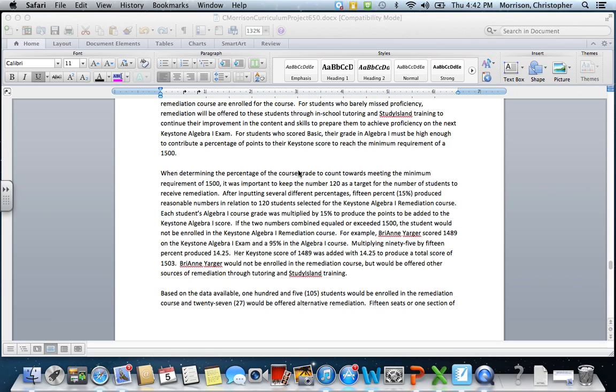And what I found was when I put 15% into the spreadsheet, it created a group of students that had a high enough score based on the combination of the Keystone and the academic grade that put them over that 1500 mark, and those students would not be enrolled in the remediation course. Those students, however, will be offered remediation through Study Island, through in-school tutoring. Most students have a study hall, so that was going to be one of the options of using a study hall as part remediation for students.